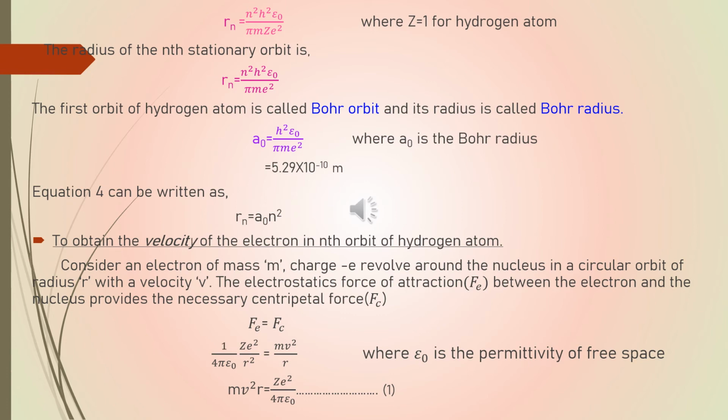The first orbit of the hydrogen atom is called the Bohr orbit and its radius is called Bohr's radius. Bohr's radius a₀ is equal to h²ε₀/πme², which is equal to 5.29 × 10⁻¹⁰ meter. The radius Rn in any nth state increases as n increases.